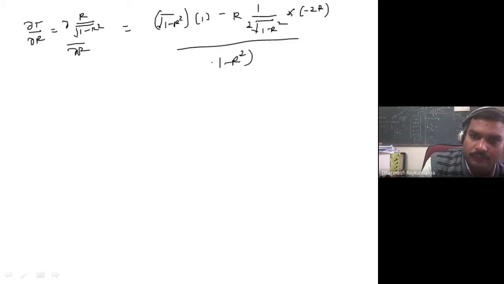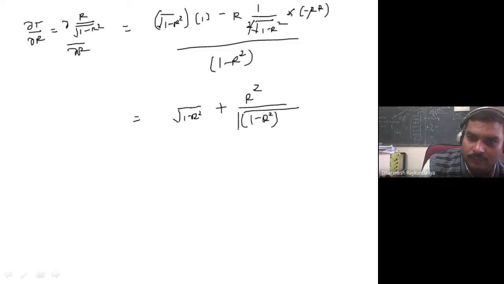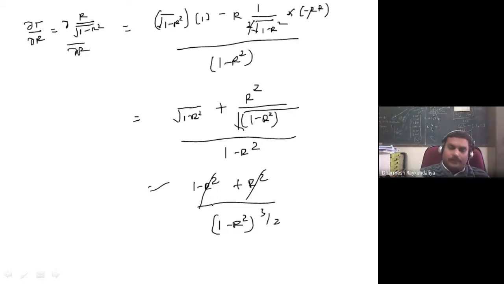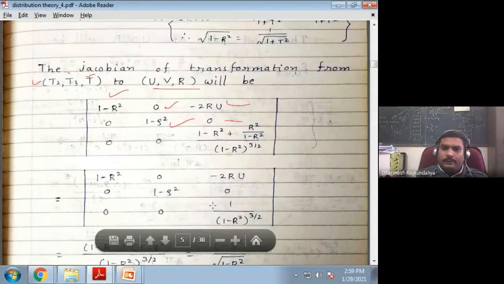This 2 will be cancelled out, minus minus plus. It is r square upon 1 minus r square, that square root upon 1 minus r square. So this 1 minus r square is here. It is 1 minus r square plus r square, and this is raised to half and its power is 1, so it is 1 minus r square raised to 3 by 2. So this is cancelled out. It is 1 upon 1 minus r square raised to 3 by 2. So that is what is written.